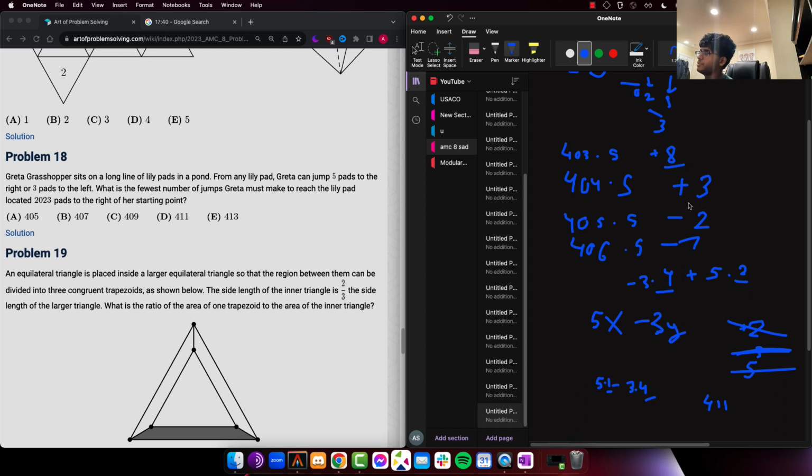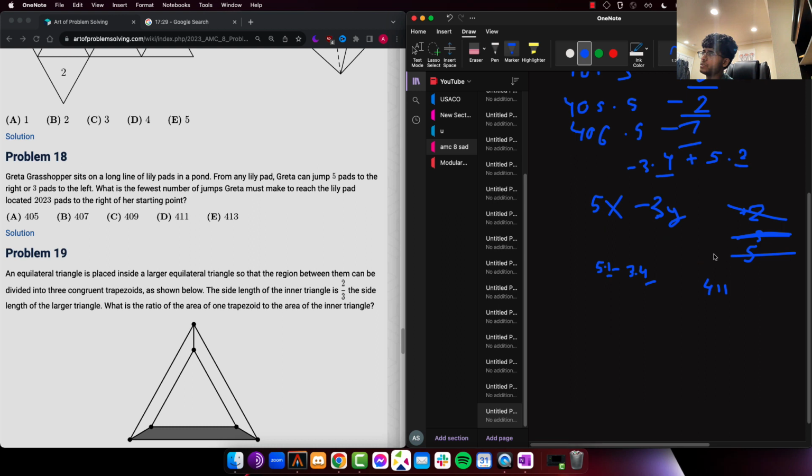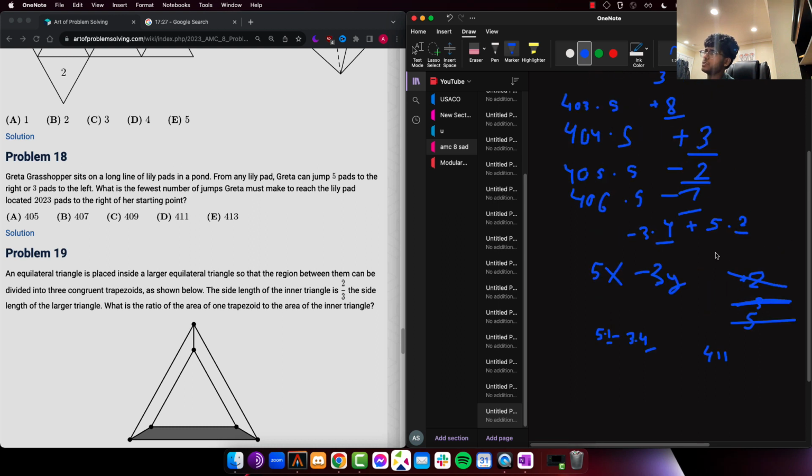Because all of these differences, right? All of these differences have to be 3 mod 5, right?